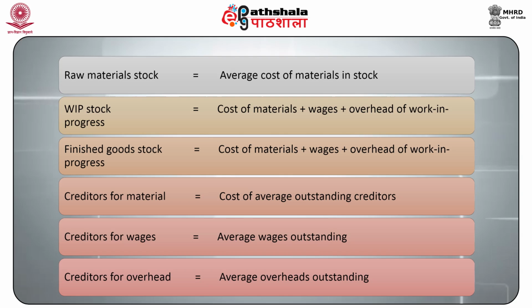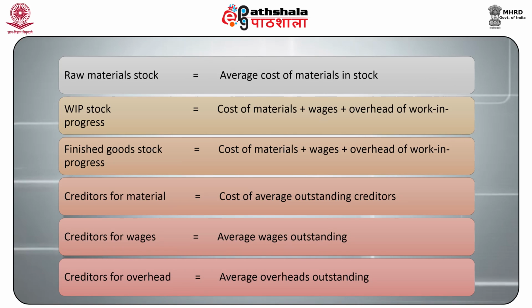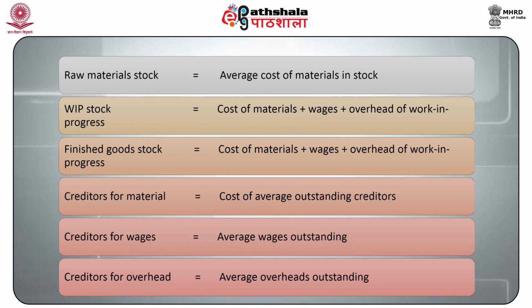Finished goods stock is equal to cost of materials plus wages plus overhead of finished goods. Creditors for material is equal to the cost of average outstanding creditors. Creditors for wages is equal to average wages outstanding. Creditors for overhead is equal to average overhead outstanding.